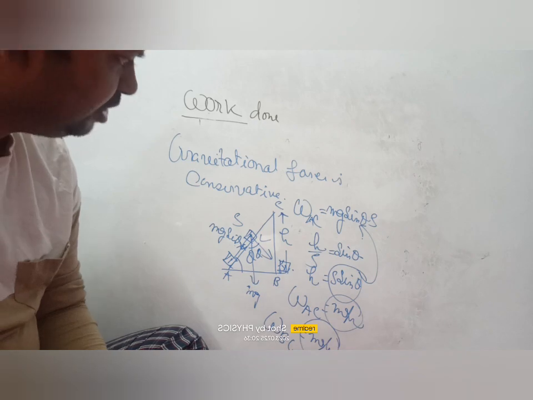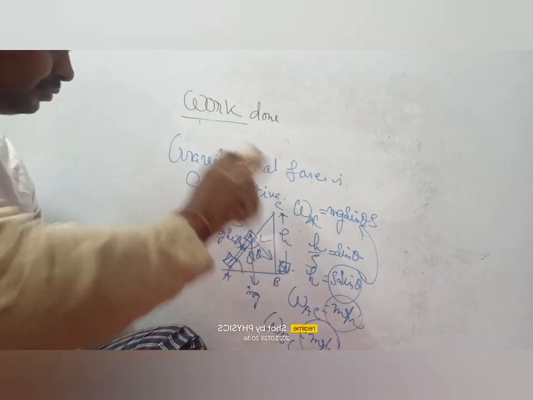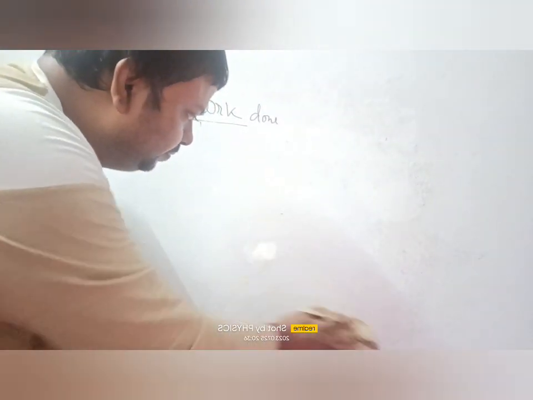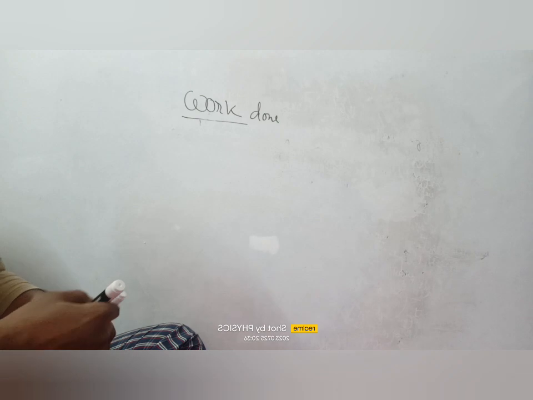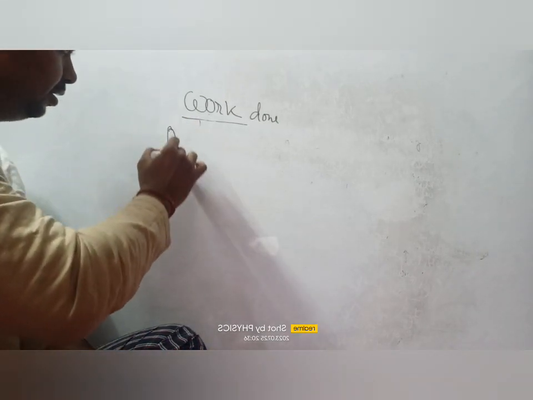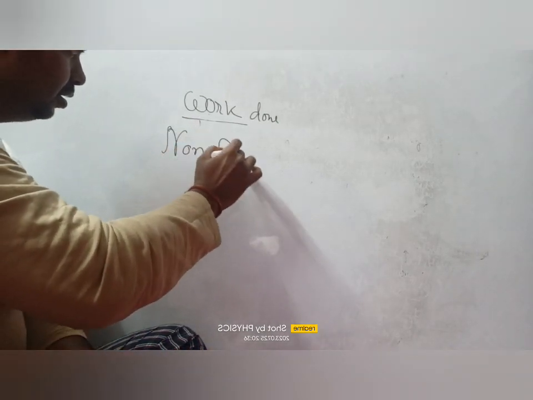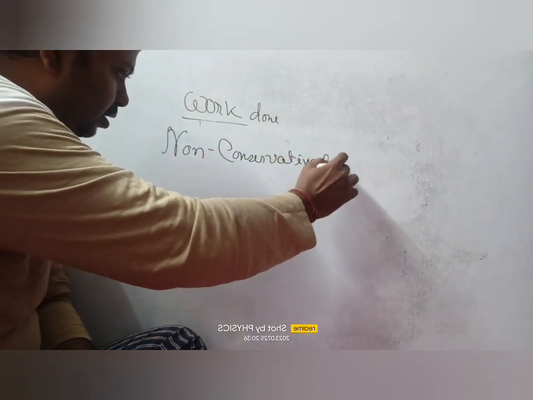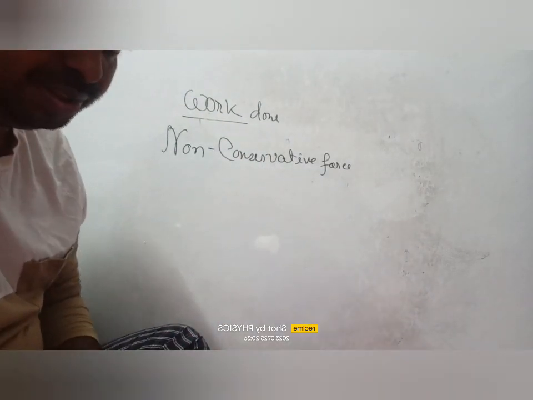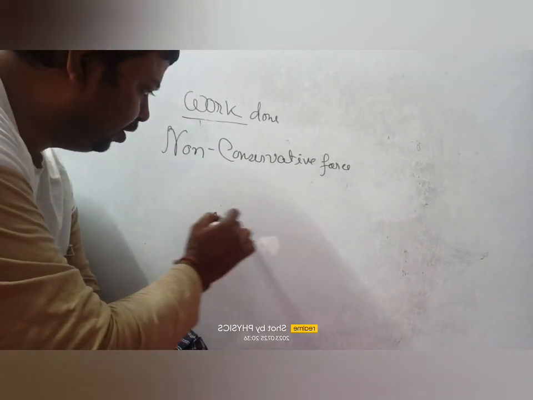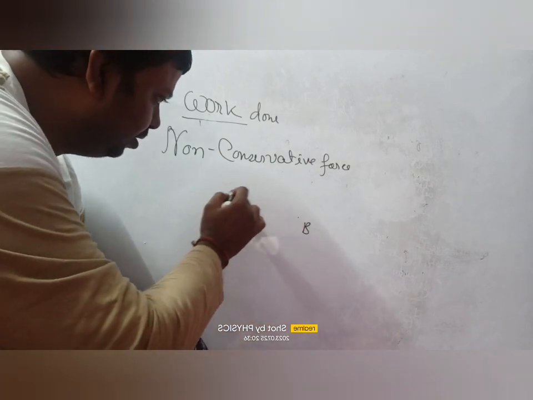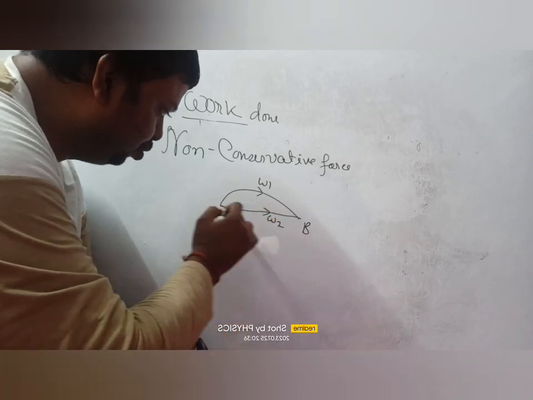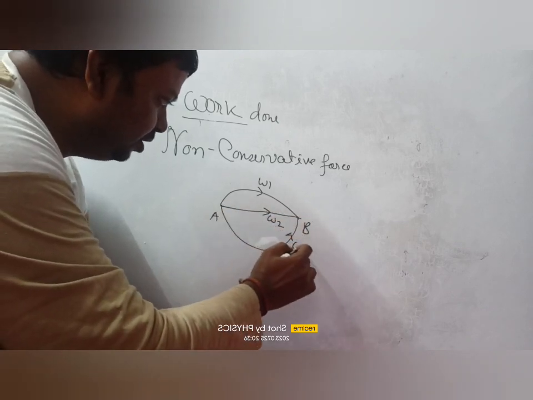Now what is the non-conservative force? Let us consider point A and point B. Work done along that path is W1, along that path is W2, and along that path is W3.